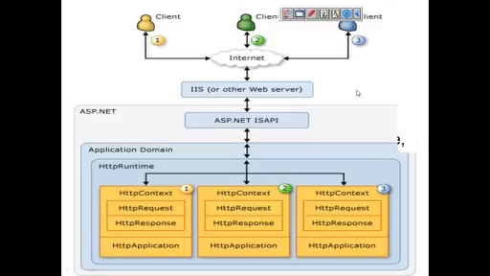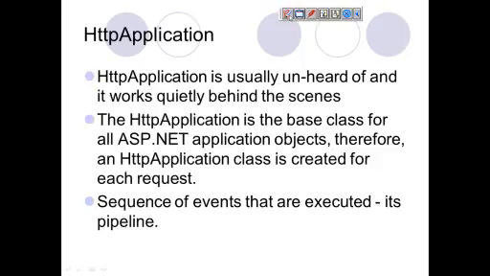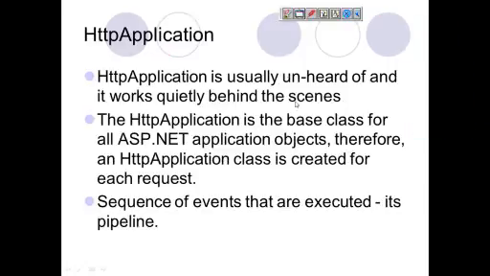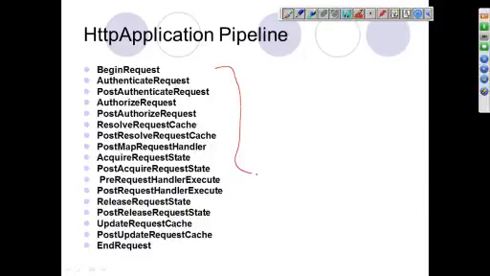The HTTP application object basically has some events. When you send a request, this object is created and some events are executed in a specific sequence. We will not go into detail on those events, but these are the events.